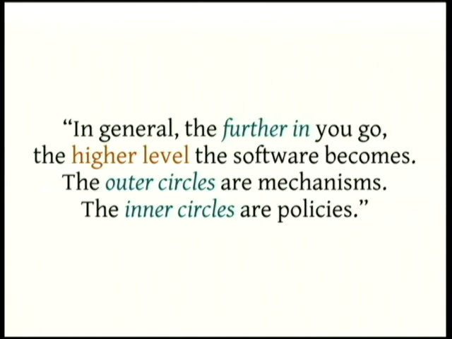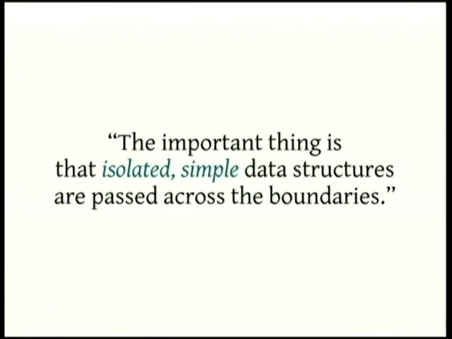He says in one of those blog posts, in general, the further in you go in his architecture, the higher level the software becomes. The outer circles are mechanisms. The inner circles are policies. The important thing is that isolated, simple data structures are what is passed across the boundaries.